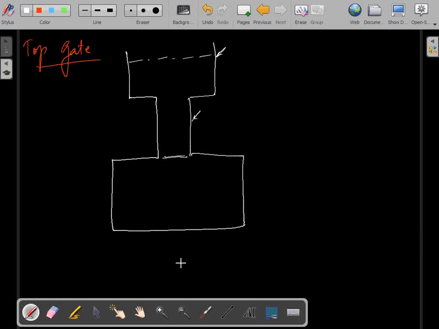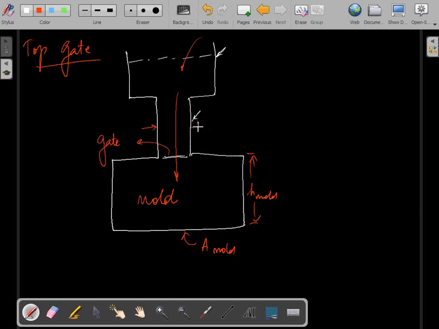So directly your molten metal flows inside this mold cavity. This is the mold, this is the area of the mold, and this is the height of the mold. This thing is your gate. This is the area of gate, and this is the value HT.